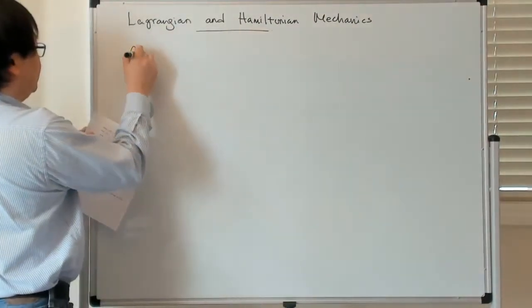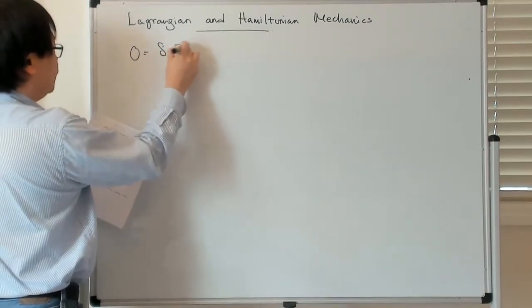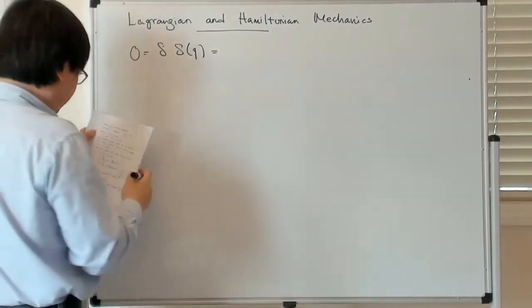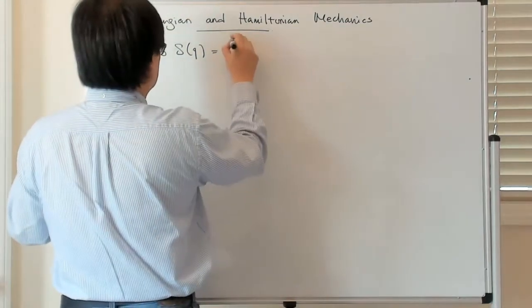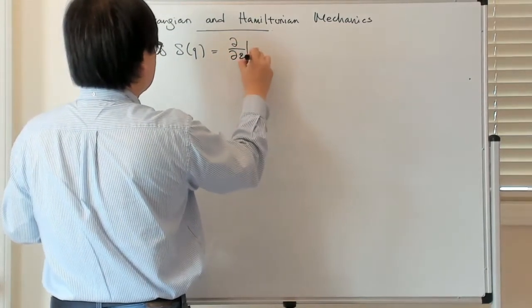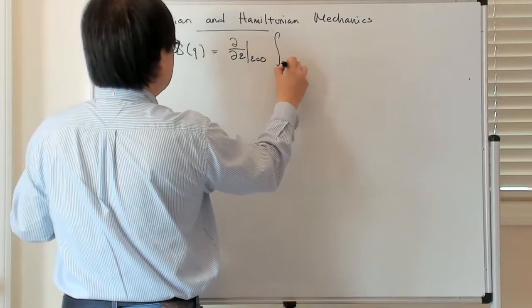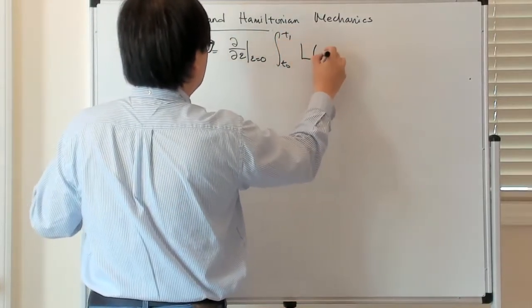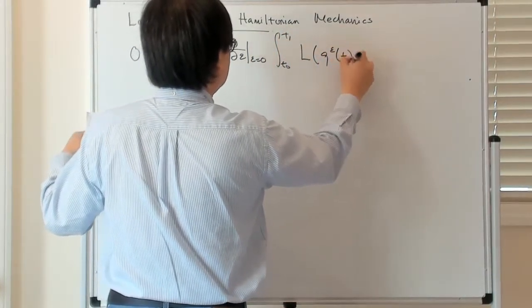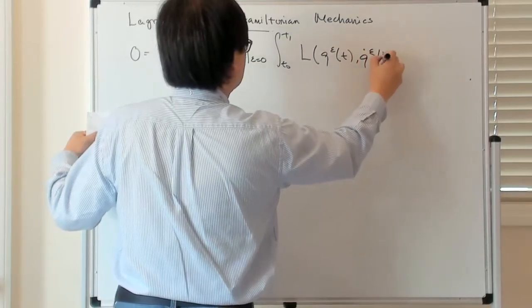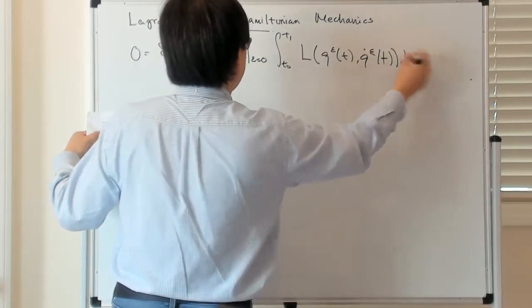So you have that 0 is equal to the variation of S at q. This is defined to be the partial derivative, evaluated at epsilon equals 0, of the integral from t0 to t1 of the Lagrangian evaluated on q epsilon of t, q dot epsilon of t, dt.